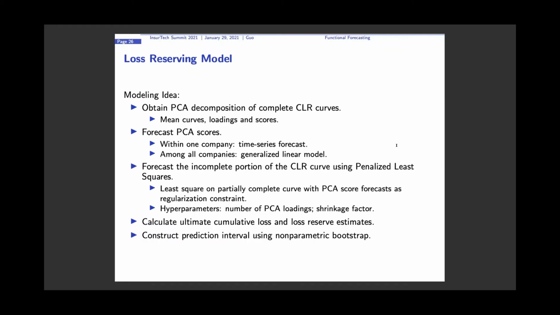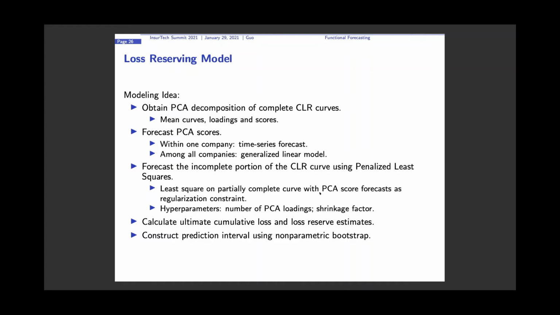The next step is to forecast the incomplete portion of the CLR curve using penalized least squares. So the idea is we have an incomplete portion, either it's 9 lags complete or just 1 lag complete. We have the partial information, so we'll set up a least squares on the partially complete curves, but subject to a regularization constraint.